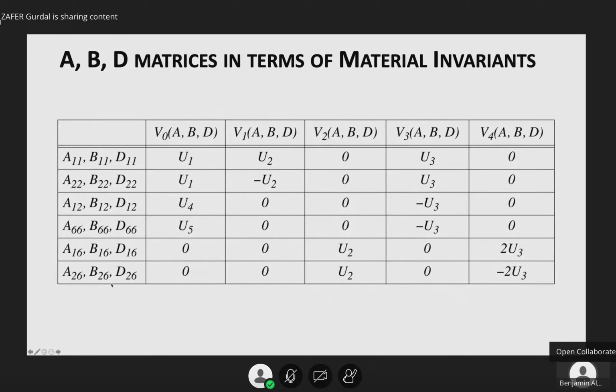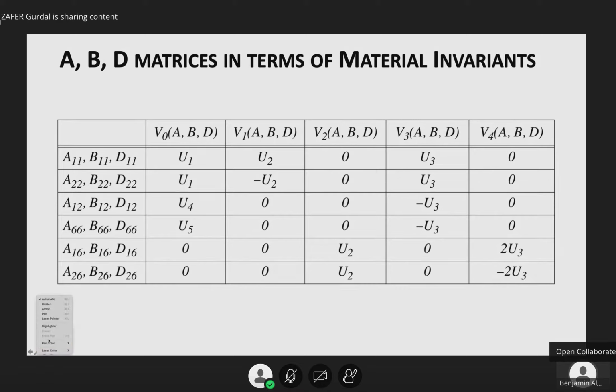We've introduced invariants that we called V0, V1, V2, V3, V4. And in case of balanced symmetric laminates, we'll have only V1s and V3s. These will go to 0. And if you look at the D11 term will have a specific V0D, which is this one here.